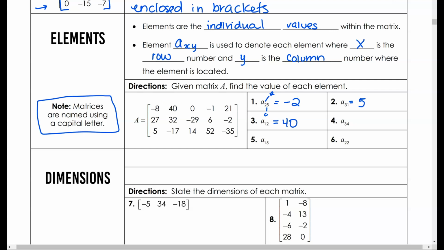At 8, 3, 4, we're looking at row 3, column 4. So it's going to be 52. Number 5 here looks at row 1, column 5. So now we're looking at 21. 8, 2, 2, so it's going to be row 2, column 2. So we're looking at 32.